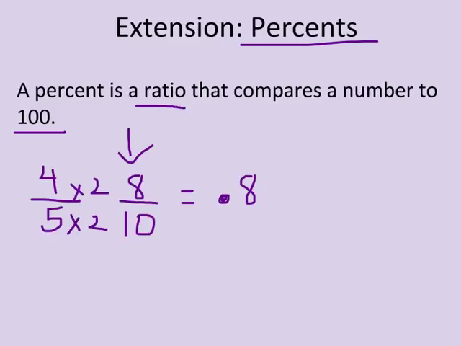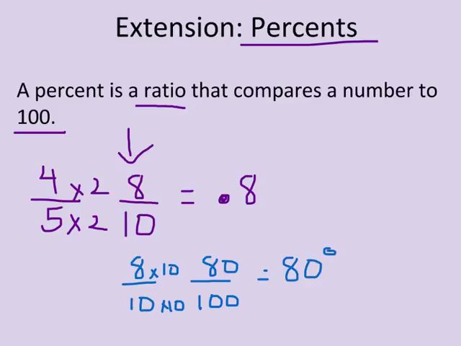So from 8/10, I can make an equivalent fraction that has 100 as a denominator. I know that 10 times 10 is 100, and 8 times 10 is 80. 80 hundredths, well, anything over 100 is already written as a percent. That would just be 80%.